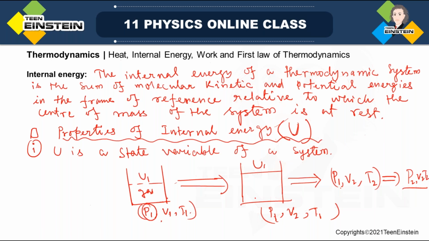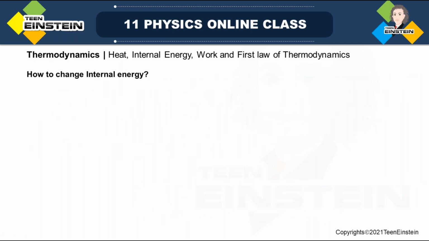This state can be reached in another way also. Suppose I go from P1, V1, T1 first to P2, V1, T1. Then I can change the pressure and temperature, keeping the volume the same.